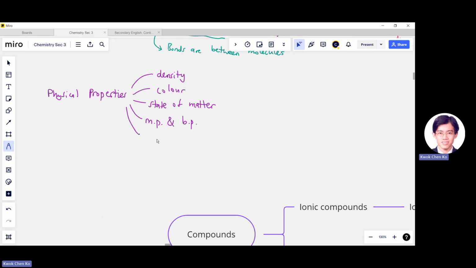But more than that, electrical conductivity. Even though less often asked, heat conductivity too.